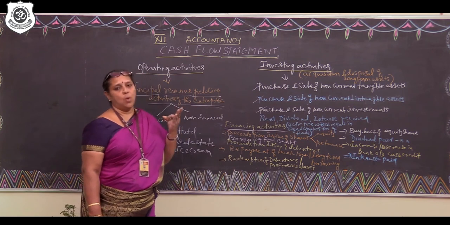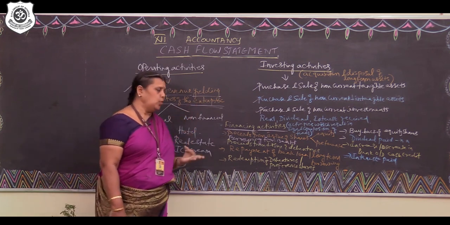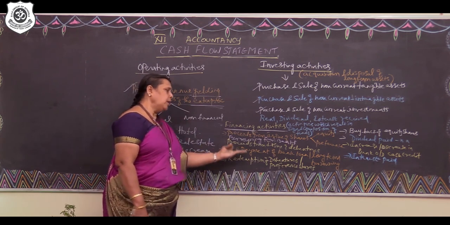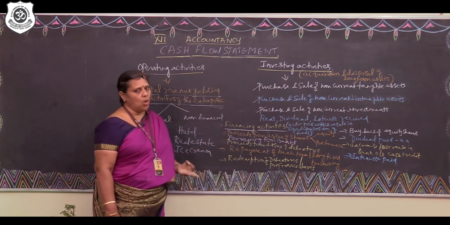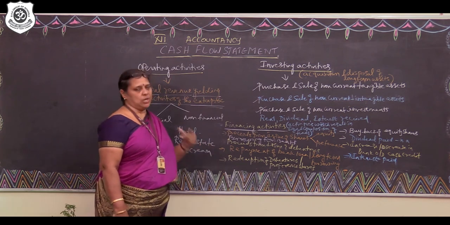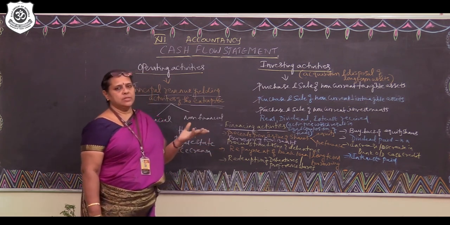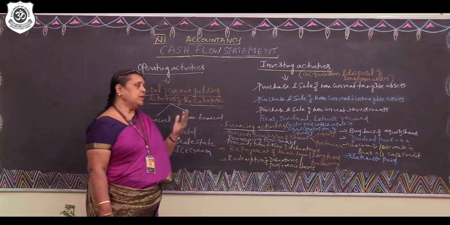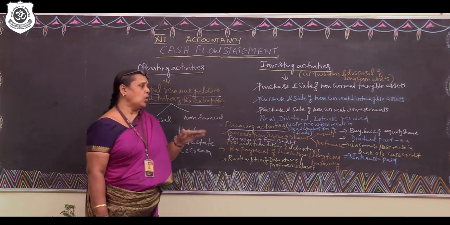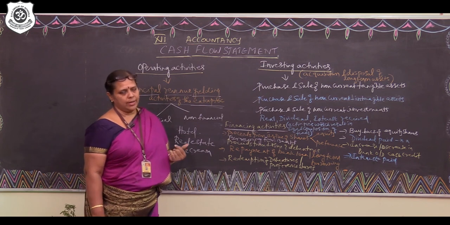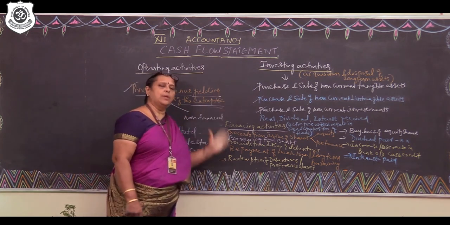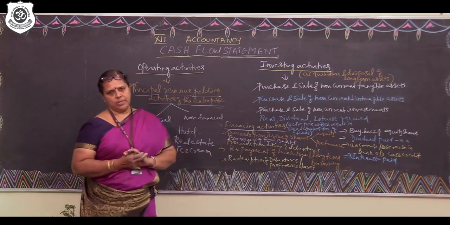Borrowed loan, that is mortgage loan, due to which there is an inflow of funds. Now comes the repayment portion. So, repayment of bank loan or long-term borrowing. Redemption, paying back of debentures or preference shares. Buying back of equity shares. Increase or decrease in bank overdraft or cash credit. Then dividend paid, interest paid, all these things will come under financing activities.